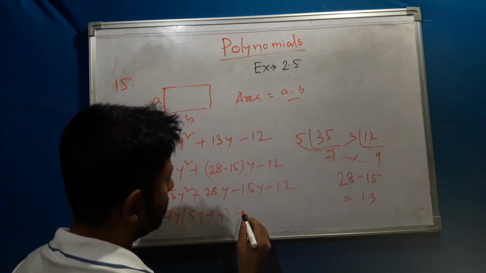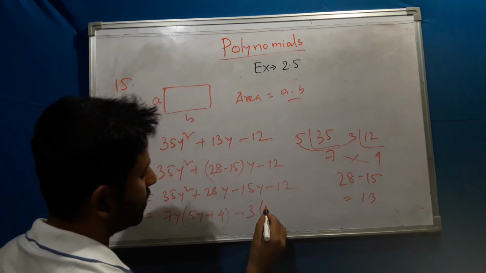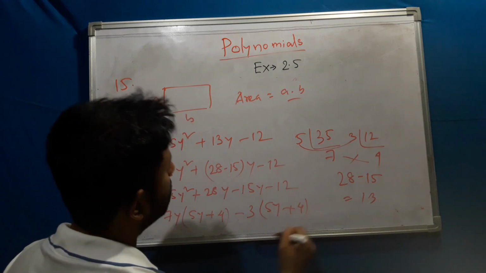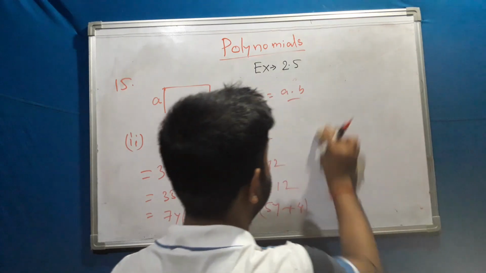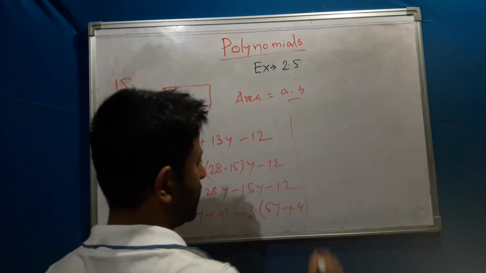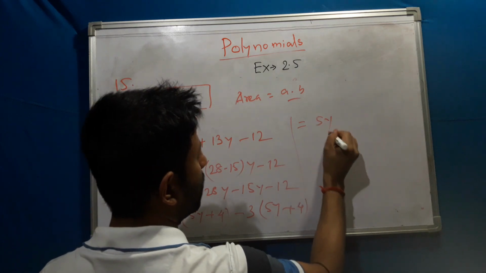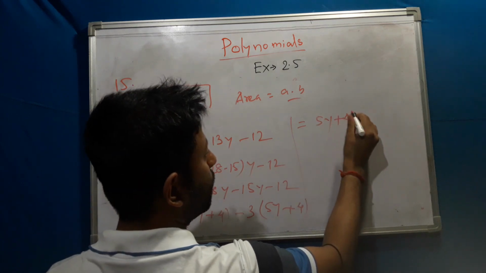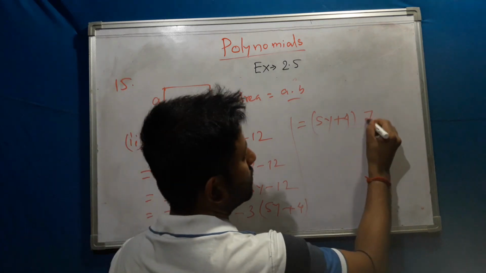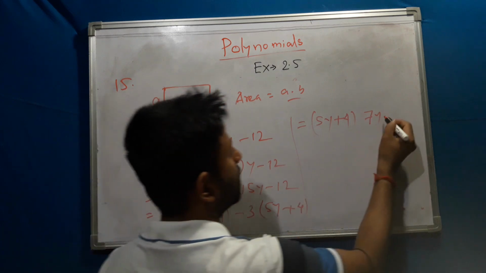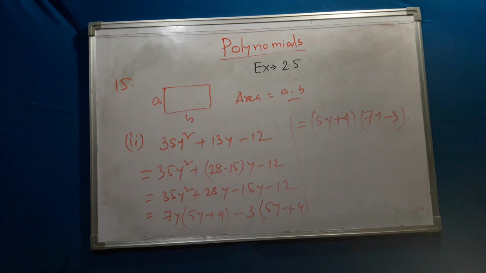From here I can get minus 3 and 3 I can take out, then it is 5y plus 4. Okay. So I can write this one in the form of like that, 5y plus 4, and this one I can write 7y minus 3.